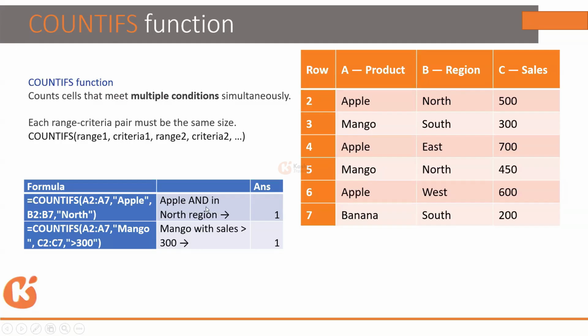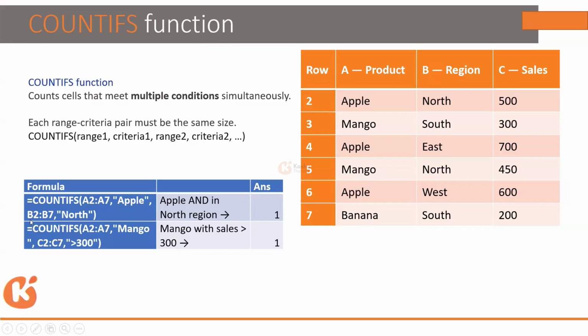What do we actually want to count? We want to count apple in the north region. Basically, we want to count how many apples there are from product A, specifically in the north region from the third column. So if I give this formula here, COUNTIFS, my range is A2 to A7, and the first condition is to count apple.